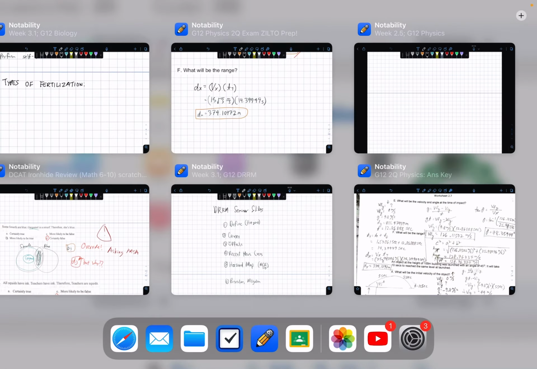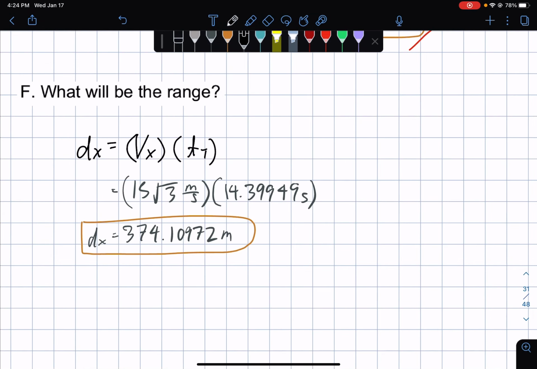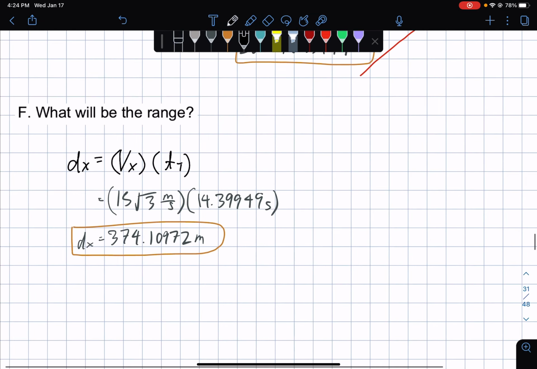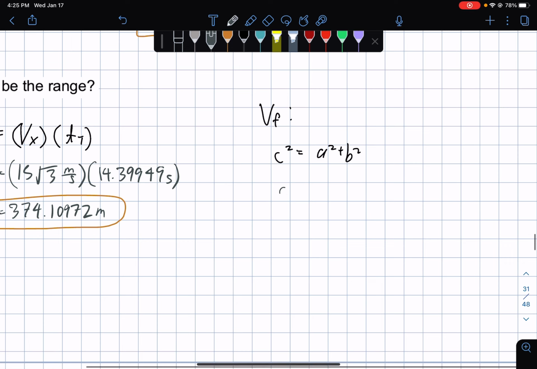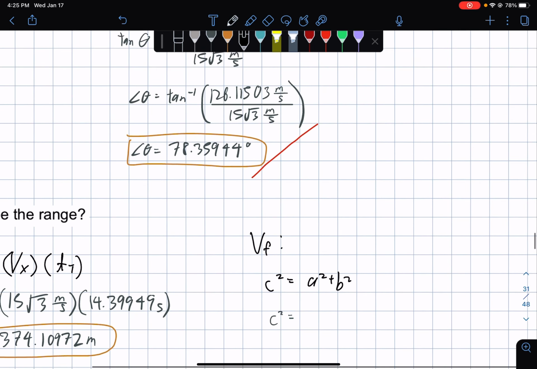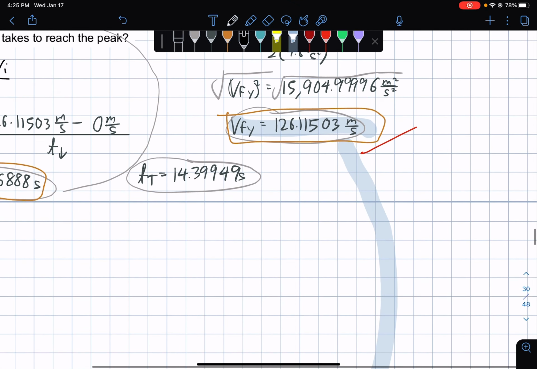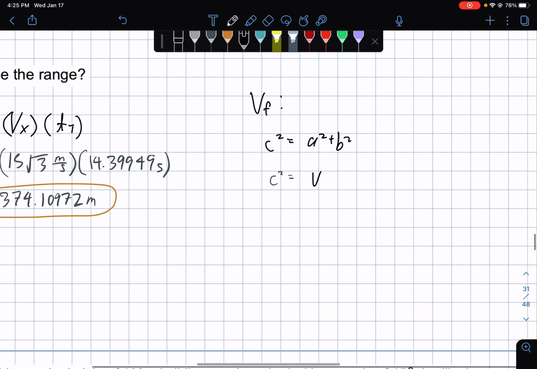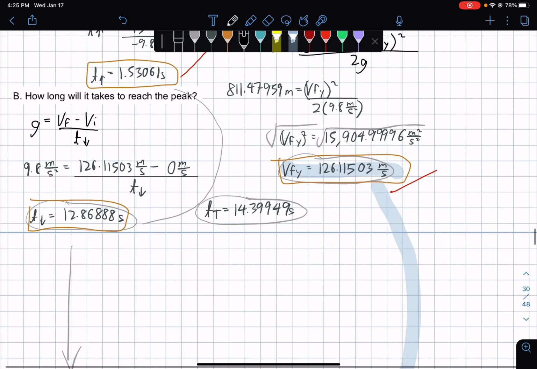Either way, let's calculate for it. VF. So the formula is, well, the Pythagorean theorem, such that a squared is the VFY. And what is the b? It's 25 something.